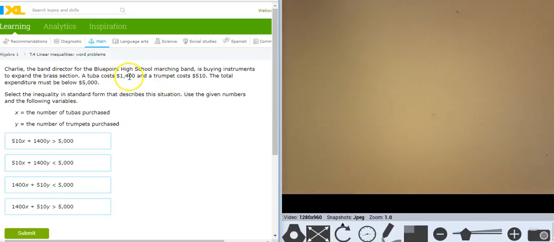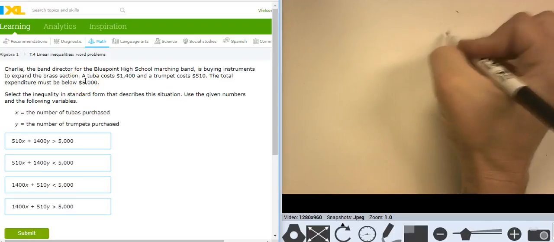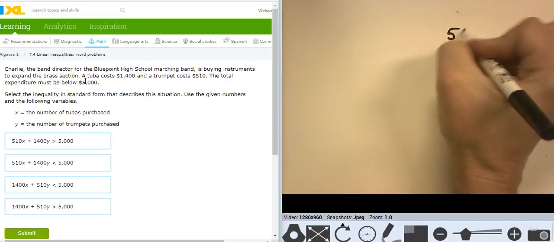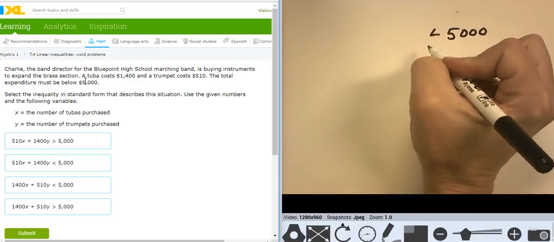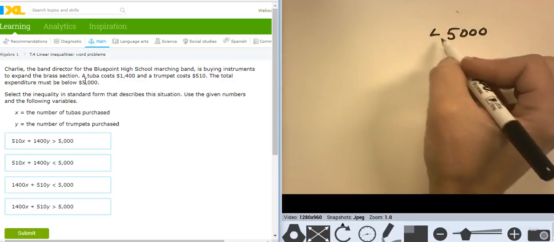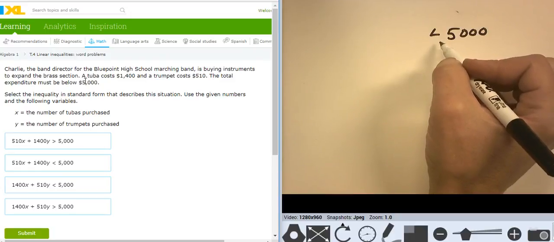Let's see, tubas and trumpets, total expenditure must be below 5,000. So I want to stay under 5,000. The total expenditure must be below it, so it can't even equal it. It's got to be below it. So it's right there.